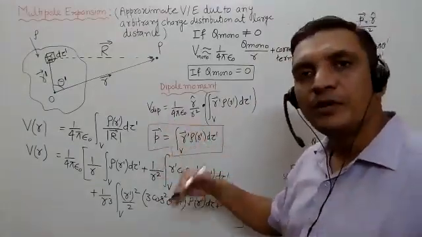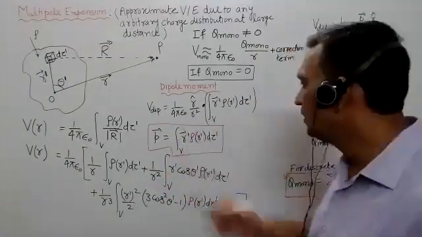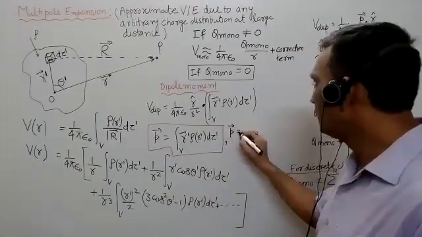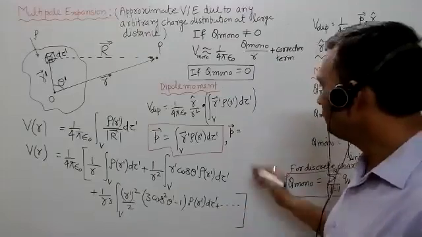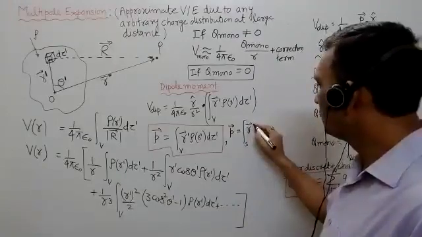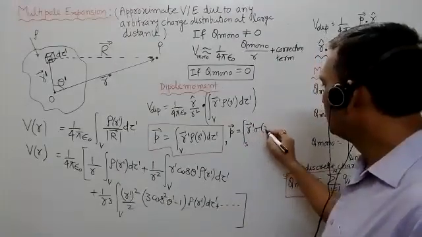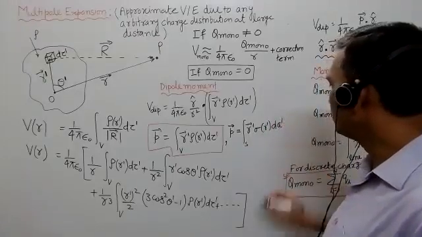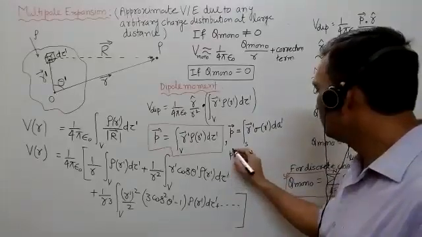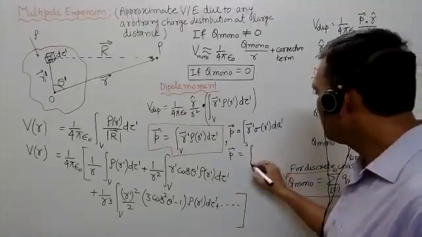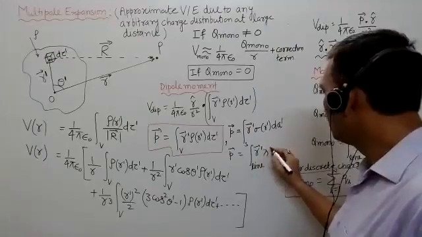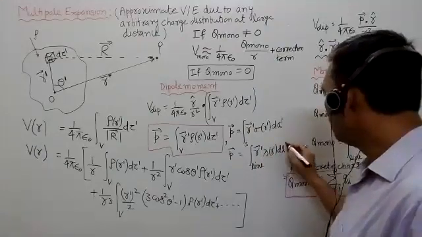Similarly, we can write the dipole moment for surface charge, line charge, as well as discrete charges. For surface charge, we can write P as the integral of r dash sigma r dash dA dash. We can also write the dipole moment for line charges: the integral of r dash lambda r dash dl dash.